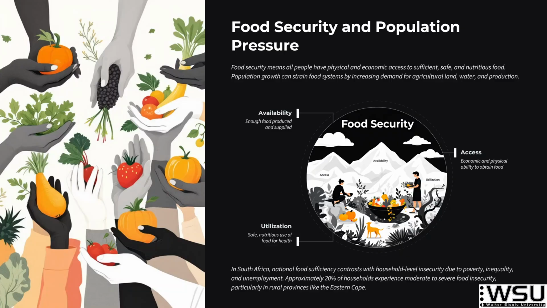Okay, so approximately 20% of households experience moderate to severe food insecurity in South Africa, and this is more so in rural areas like the Eastern Cape. So what happens when there are disasters like what happened in Tata, in June last year?